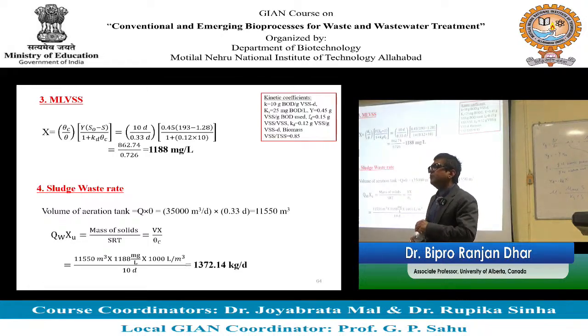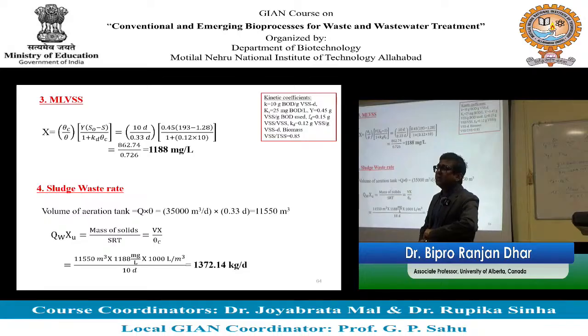Well, first of all, you can develop an Excel spreadsheet if you want to. This is one thing. You can use commercial software, like BioWin, GPS-X, Sumo. I know that Sumo is getting very popular these days.